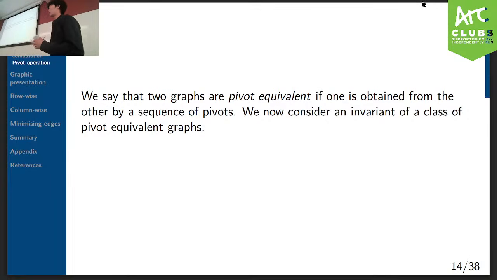You can group the graphs into sets based on what they're equivalent to. Maybe one class would contain the graphs pivot equivalent to some particular graph, and if that graph's not pivot equivalent to something else, that would be in a different set. And so they form pivot equivalence classes.